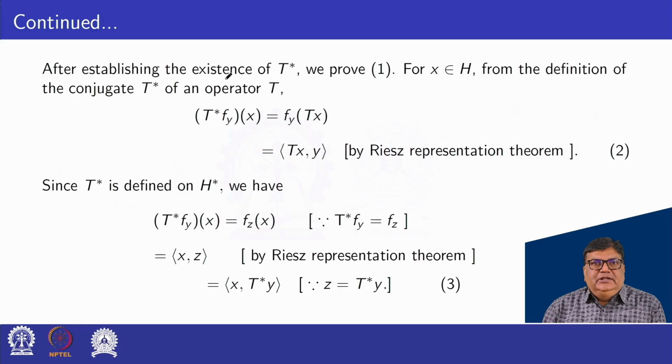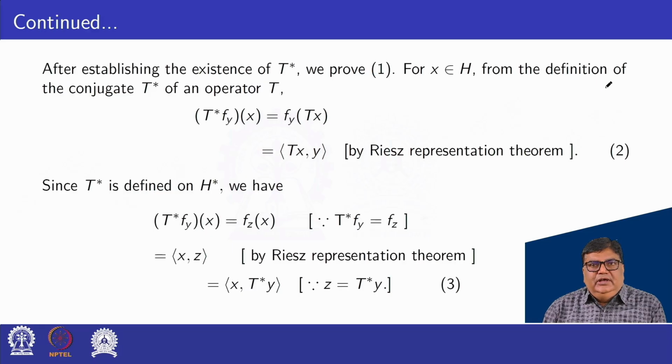After establishing the existence of T star, we prove equation 1. For x belonging to H, from the definition of the conjugate T star of an operator T, we have (T star fy)(x) equal to fy(Tx).